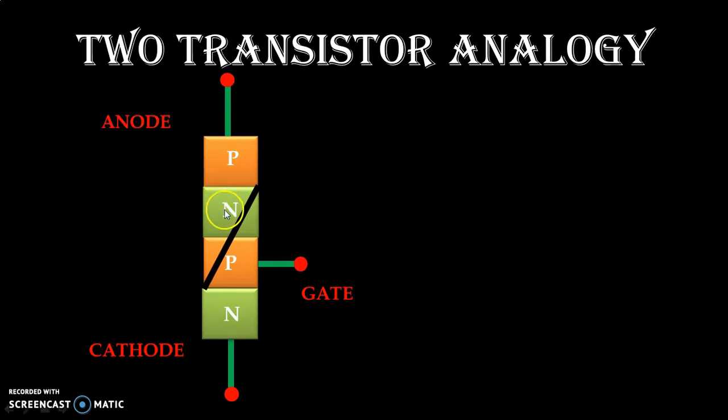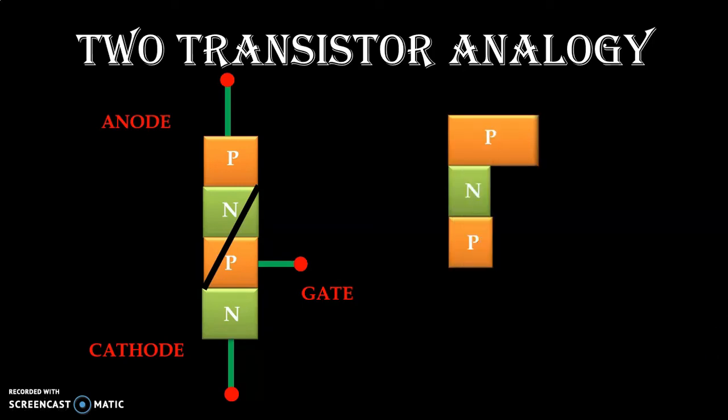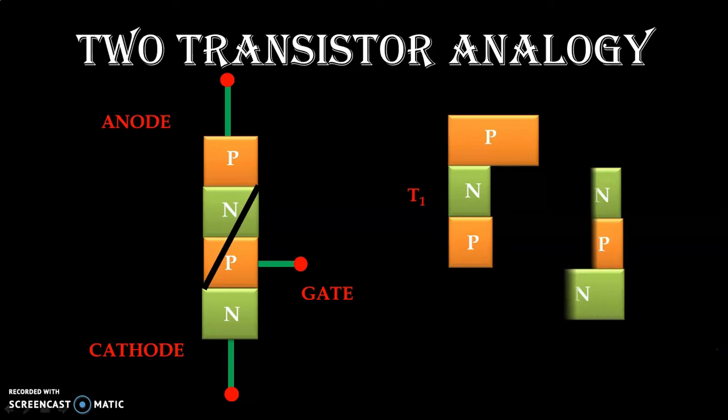One is a PNP transistor and one is an NPN transistor. So with the two transistor analogy, it can be reconstructed as the upper transistor, that is the PNP transistor, and the bottom one is the other transistor, the NPN transistor, T1 as well as T2.